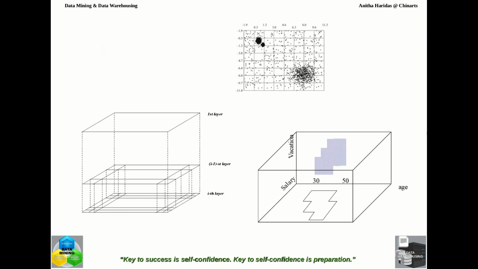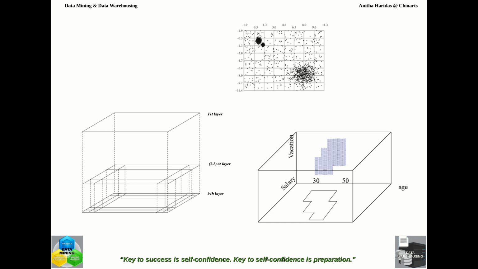So this is the diagrammatic representation I showed you for the grid structure. These are the different types of grid structure. Here you have a 2-dimensional grid structure, here a 3-dimensional grid structure, and here a layered grid structure. It depends on what kind of data you have and how many dimensions there are.